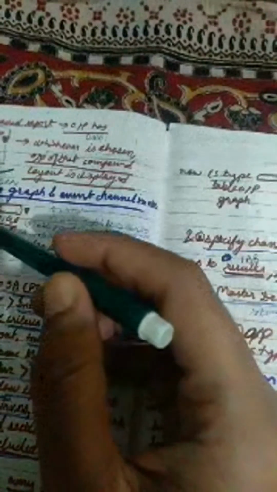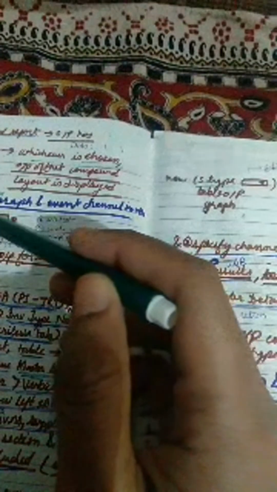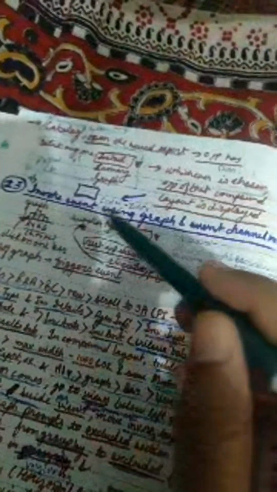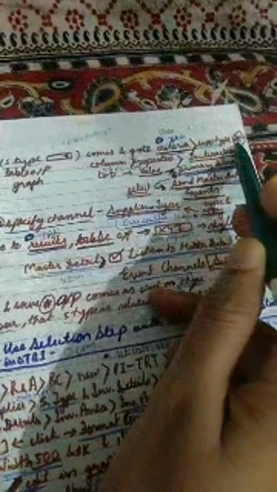Now I'm going to the criteria tab. By default, whenever I did the drag and drop of the columns, the table came. This is my table, this is my graph, and you'll have a table prompt. Now I need to create a link between these. So we'll go to the criteria tab, go to the supplier type column name, and click on the setting icon.